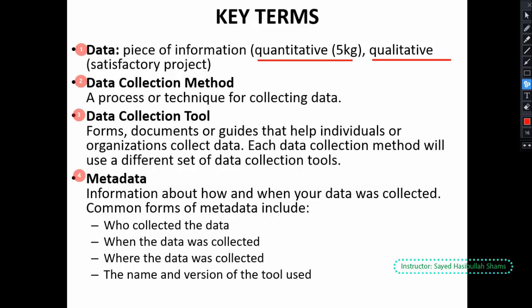This is very important: the name of the data collector, and when the data was collected, on which date. It's very important because the date specifies the frequency of the data, in which time the data was collected. It was collected in October 2022, for example, or on the 3rd of January 2023.